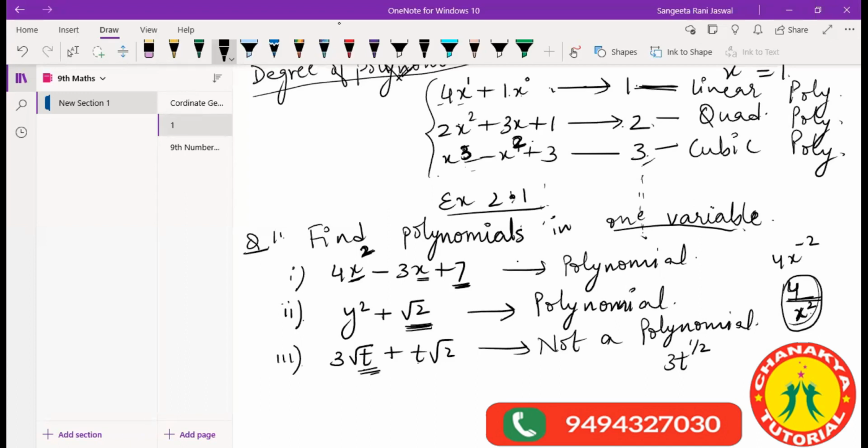Ma'am, I have a small doubt. Why won't variables with negative power come under polynomials? As you go ahead, you will get to understand it. Just now I explained it like this. We'll do more examples and it will be clear to you. The definition of polynomials is that we take positive powers.